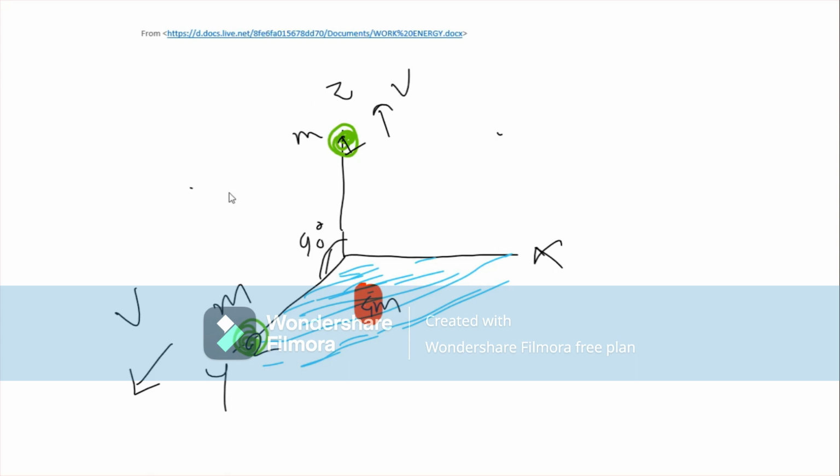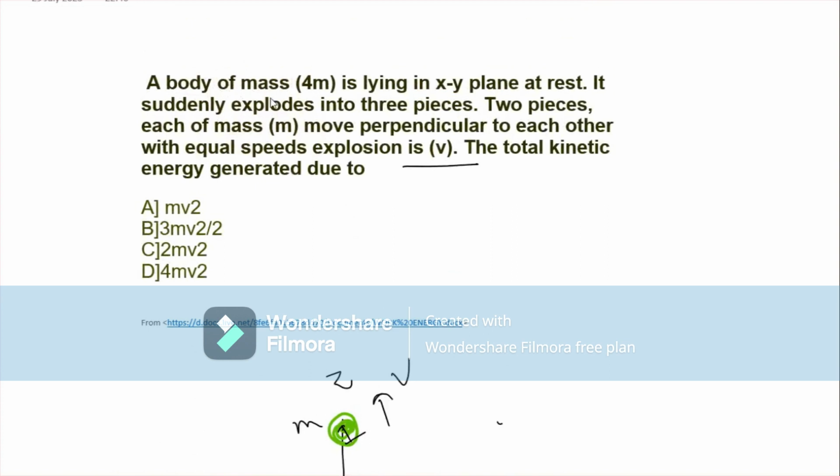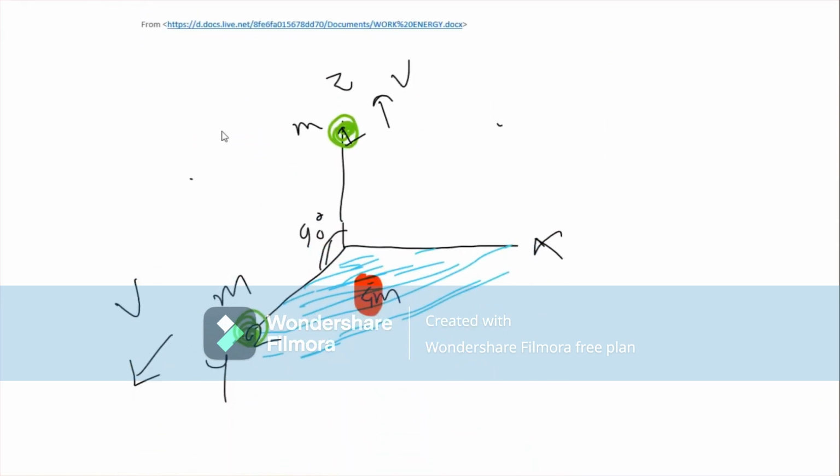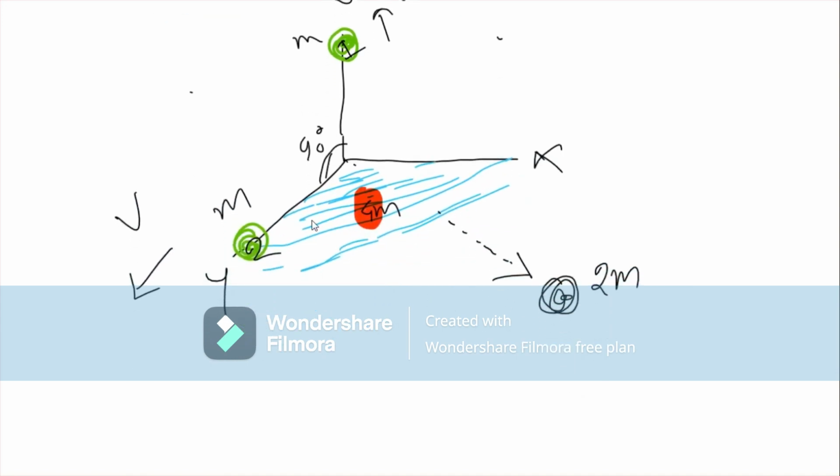Okay, so this fourth part has been divided into m and m, so the resting part will be 2m. So the third part will be moved somehow assuming this direction. Okay, so this will be the third part whose mass is 2m, and velocity, the velocity we don't know, so we can take it as v dot.